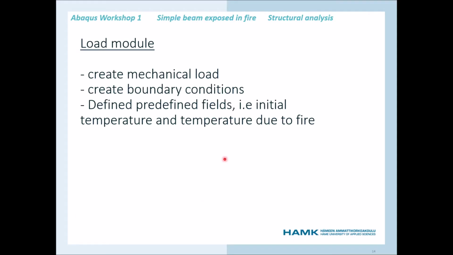Okay, now we are in the load module, and in this module we will create the mechanical load, then we create the boundary conditions, and finally we create the predefined field. And in this analysis, the predefined field is the initial temperature and the temperature due to fire.